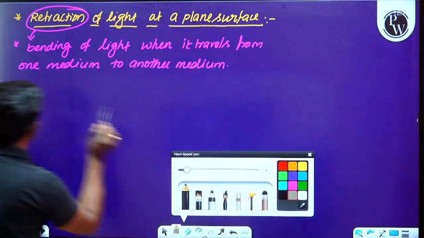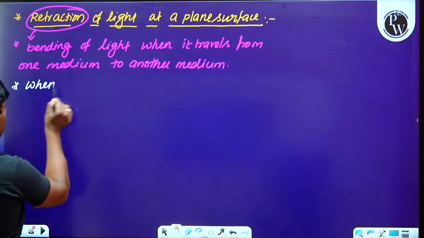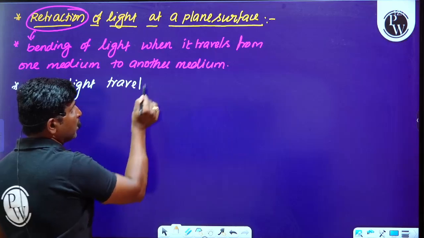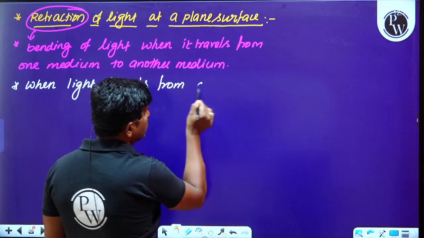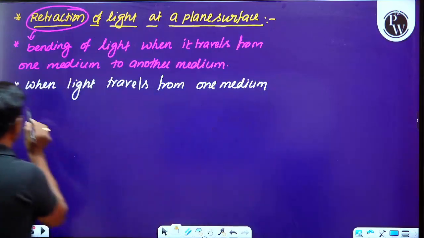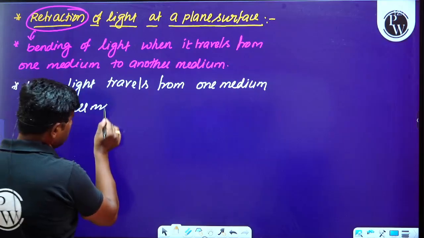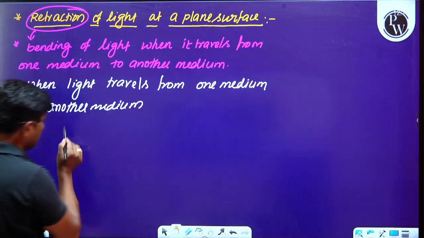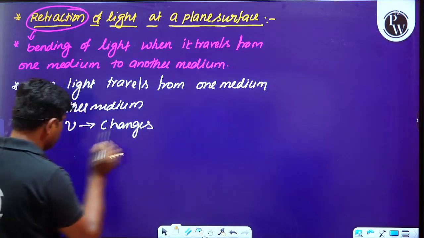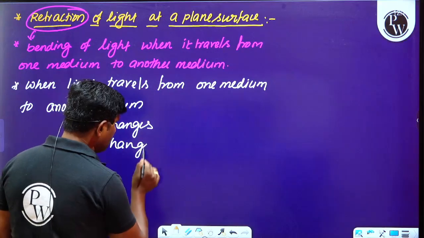And one more point we have to understand, and make a note of this point: when light travels from one medium to another medium, the speed of the light will change, and the wavelength of the light will also change, as well.